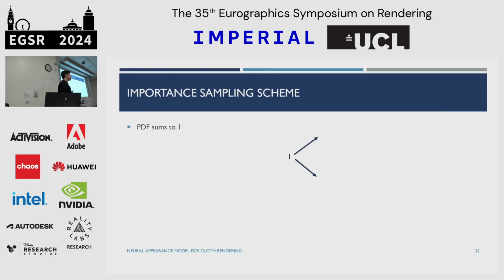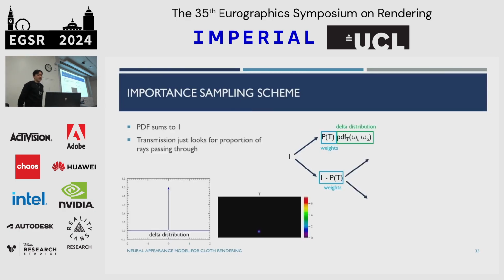To help reduce the variance of the image, we can define an importance sampling scheme. The key characteristic is for the PDF to sum up to 1. We can use different PDFs from other works to form our weighted combination of PDFs. For the transmission component, PT, we can just use the direct delta distribution.